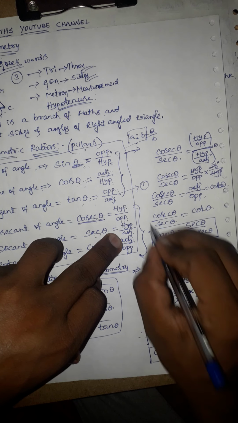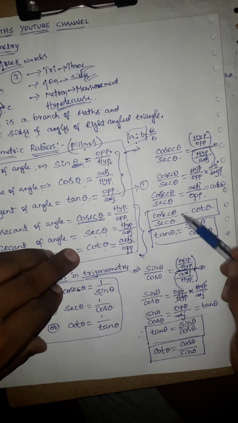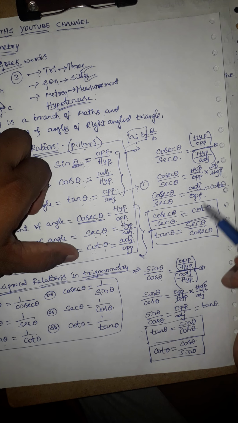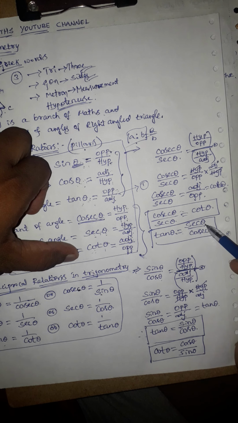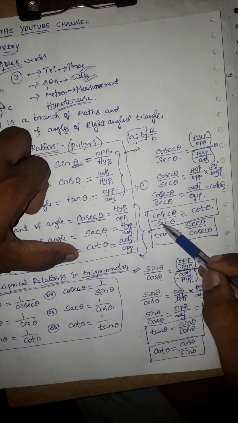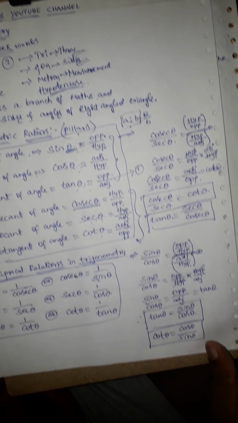So these are the ratio relations in trigonometry. Tan theta is secant theta by cosecant theta. Cot theta is cosecant theta by secant theta. Reverse, numerator to denominator, denominator to numerator.